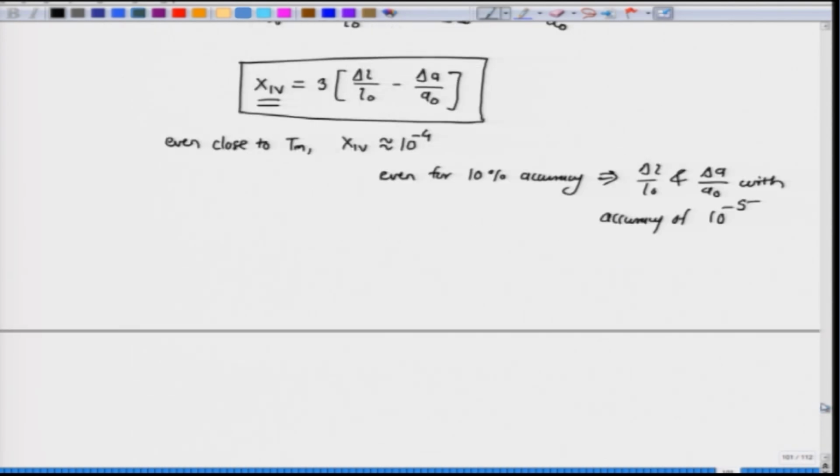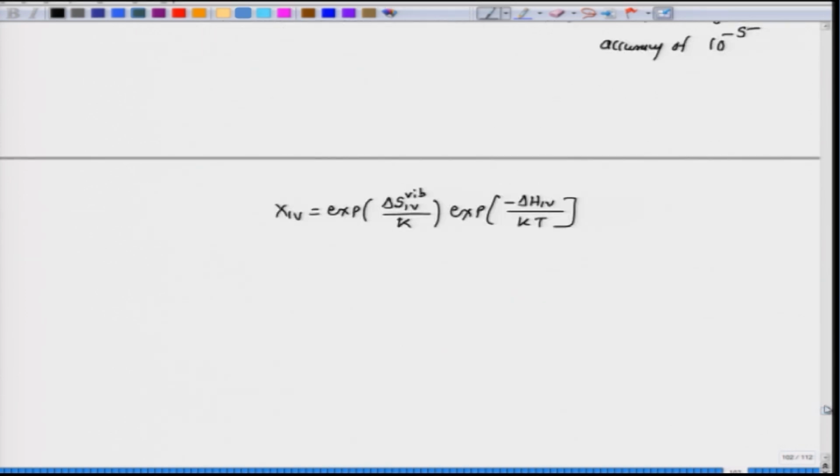Now, one advantage of this method is that it gives the absolute concentration of vacancies x1V, and since x1V is equal to exponential delta S1V vibrational by k times exponential minus delta H1V by kT, if we do the measurements at different temperatures, it also helps in evaluating delta H1V as well as delta S1V.